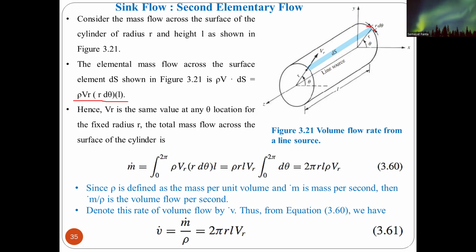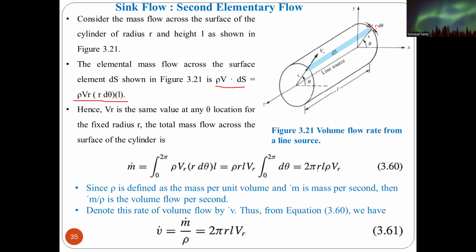For the given small differential element, we have rho v ds, which is equal to rho Vr times r d theta times L. But for the whole cylinder, we integrate from 0 to 2 pi, which gives us 2 pi r L times rho times Vr.